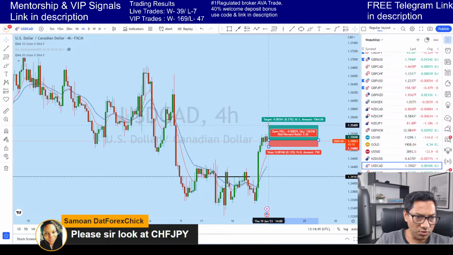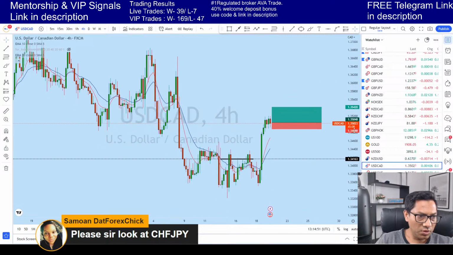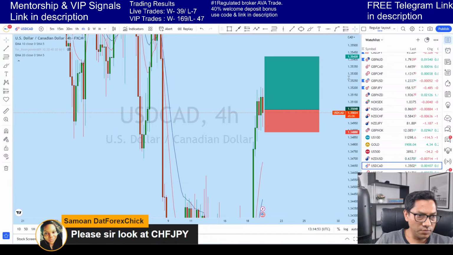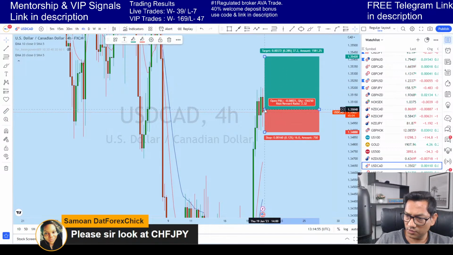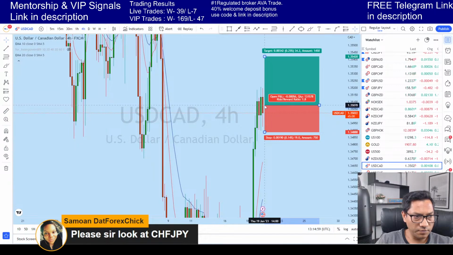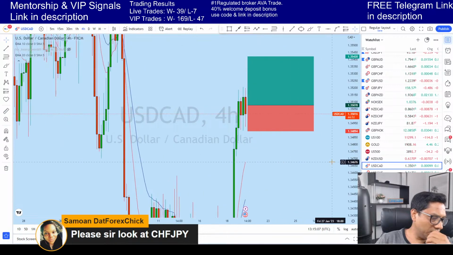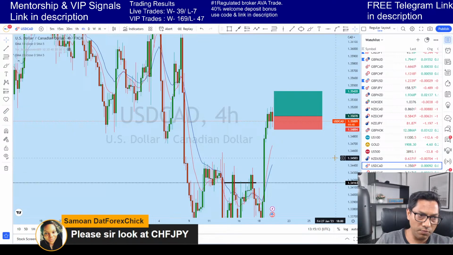So around this zone I think we entered it. So USDCAD and GBPUSD both are showing strong bullish price action.